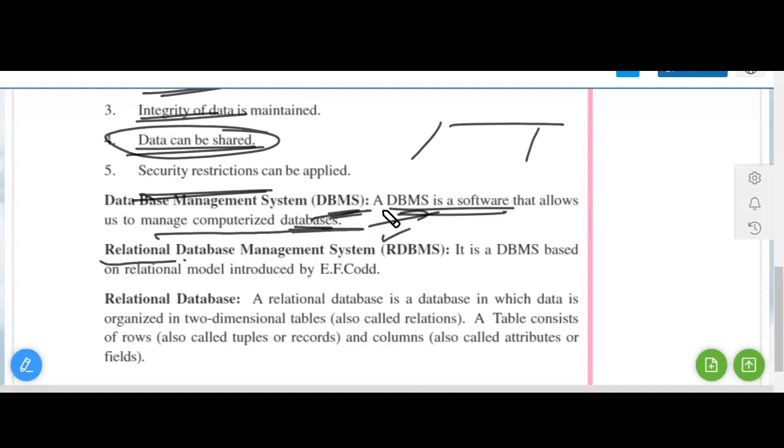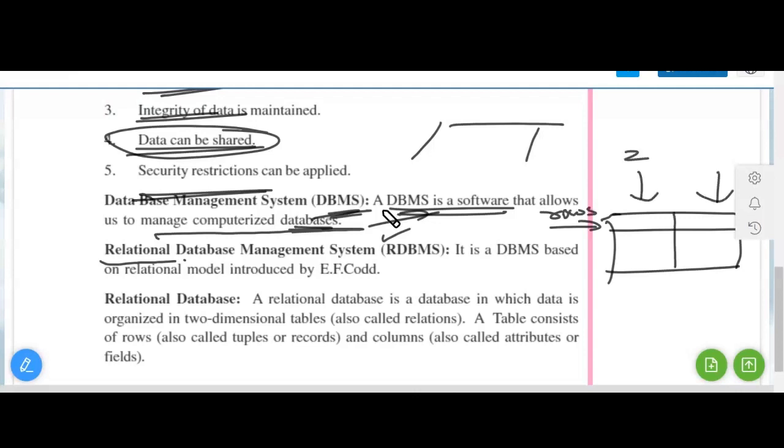That means the database which is always in the form of relations. The term relation means you have rows and columns. You have data in the form of a table with rows and columns. I have two columns here, column 1 with roll number and column 2 with name.